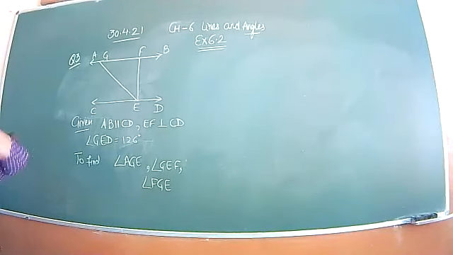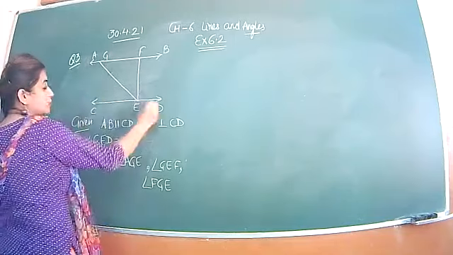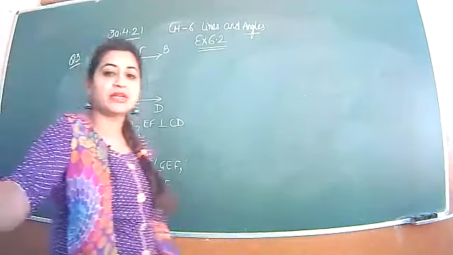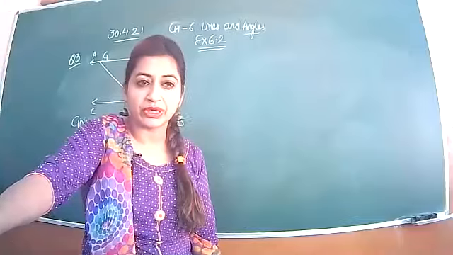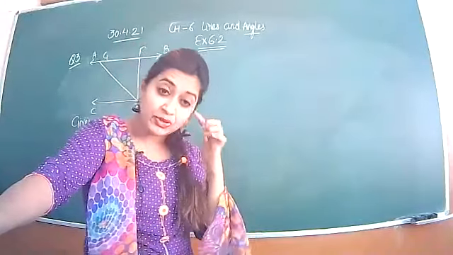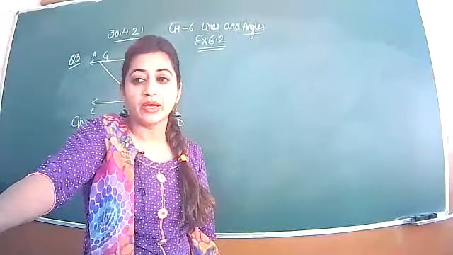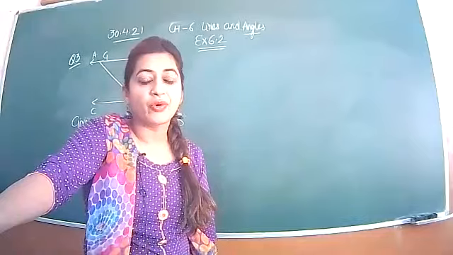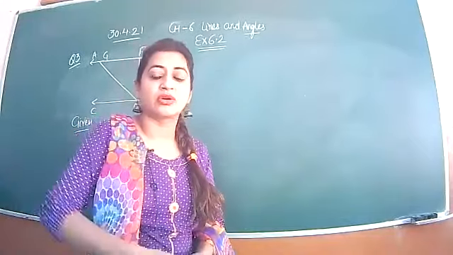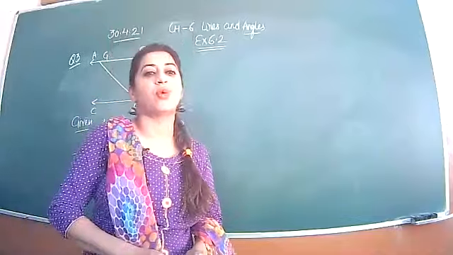Read the question again. You are given two lines are parallel, AB is parallel to CD. You all know that when the lines are parallel, then corresponding angles are equal, alternate interior angles are equal, alternate exterior angles are equal, and the sum of co-interior angles, that is the sum of interior angles on the same side of the transversal, is 180.